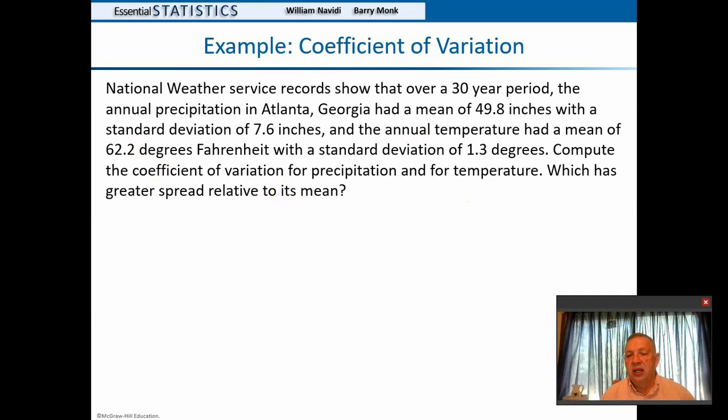They are two different things, but we just want the relative spread between the two. So we're going to do the coefficient of variation for the precipitation, for the temperature, and then compare.